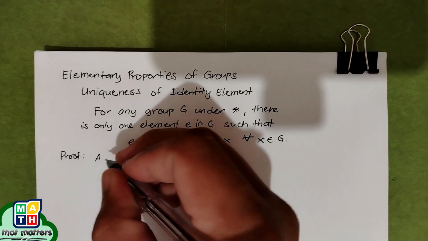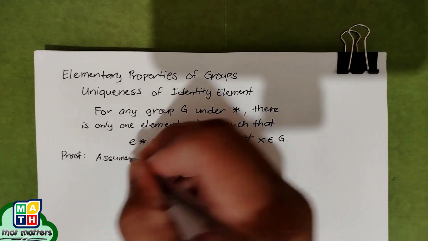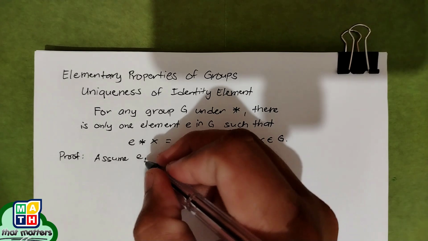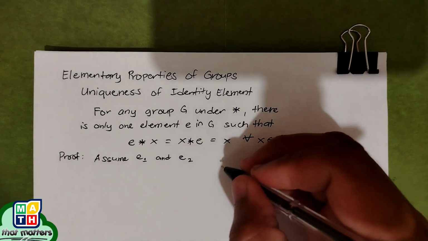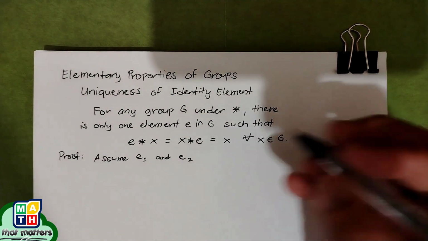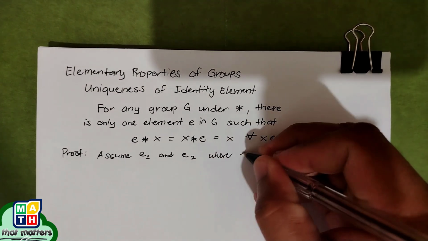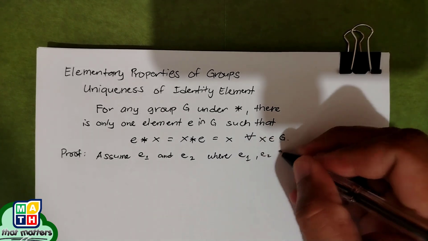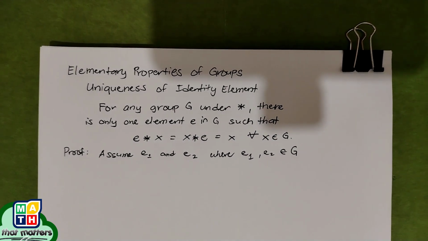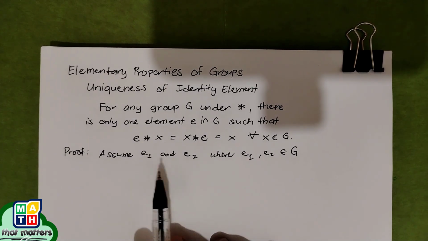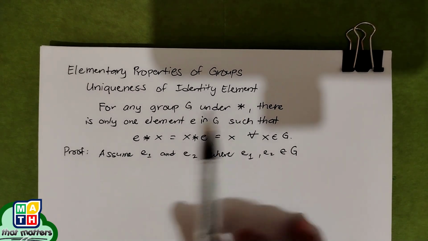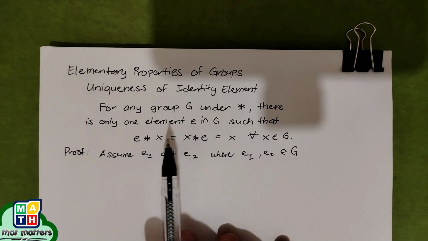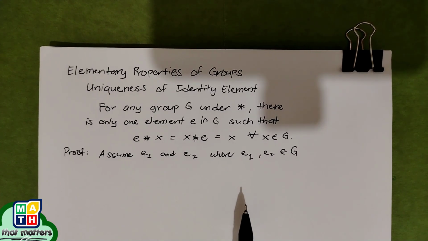We are going to assume two identity elements, e sub 1 and e sub 2, both identity elements where e sub 1 and e sub 2 are elements of G. Once we show that these two are the same, it follows that there's only one identity element in G. That's our goal here.